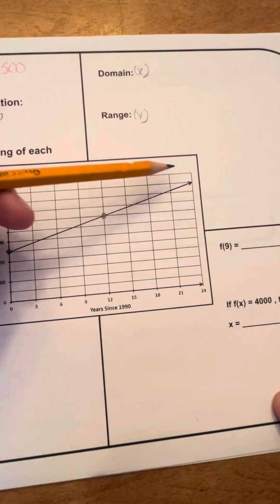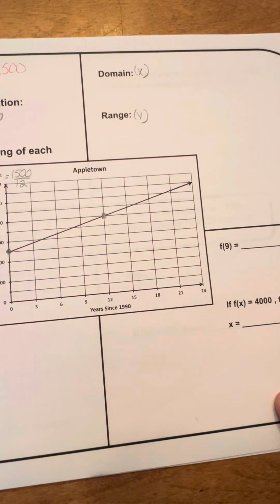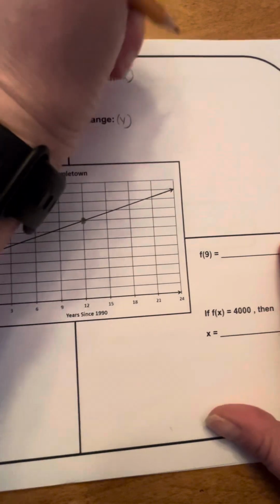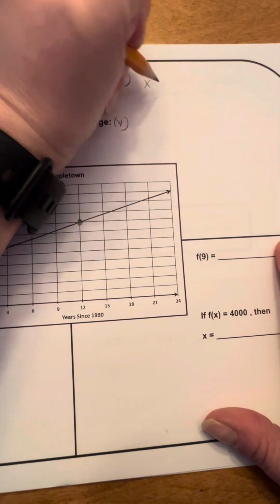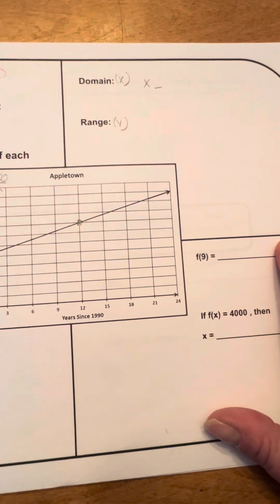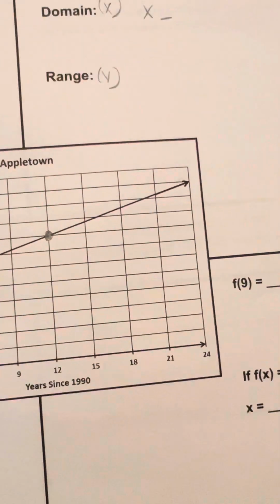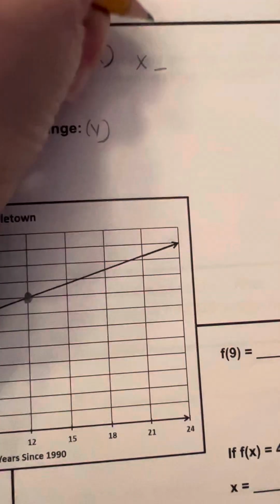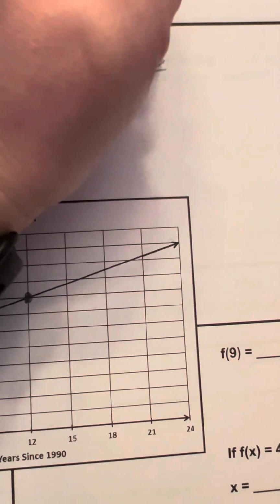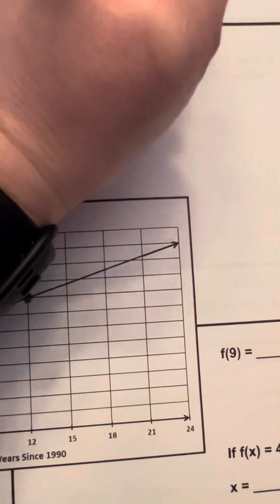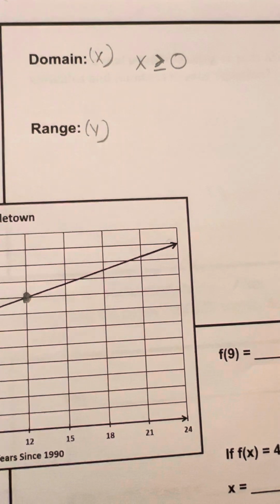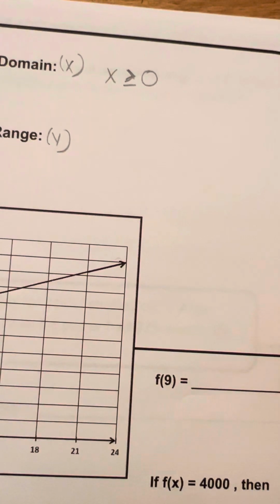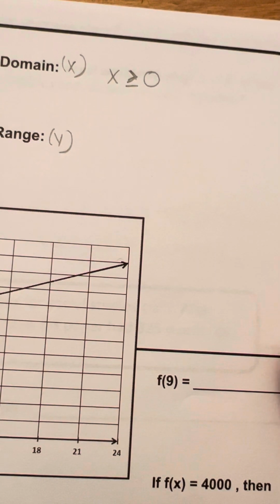And you can see that there's an arrow at the end of this, which means that it extends forever and ever and ever, which means that my x value can equal 0 because it started at 0, and then it can be bigger, and will continue to be bigger than 0. So it is equal to 0 or extends on and can be anything above 0.